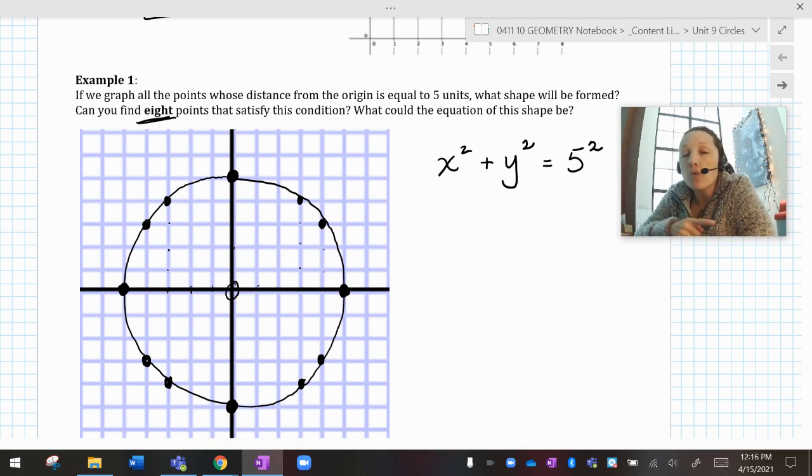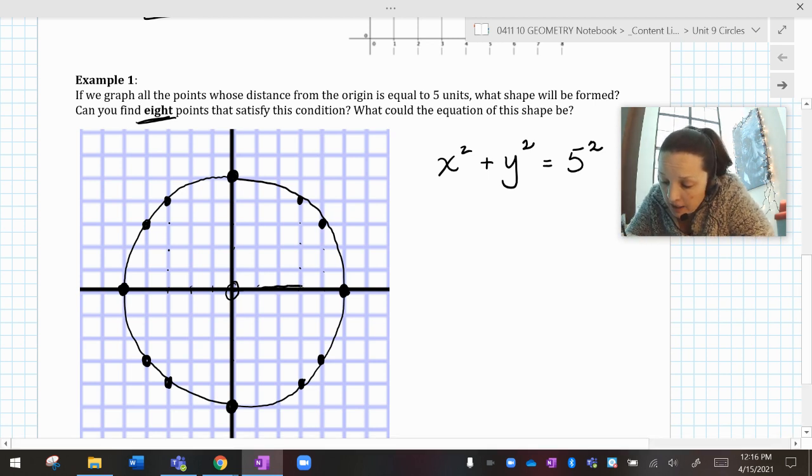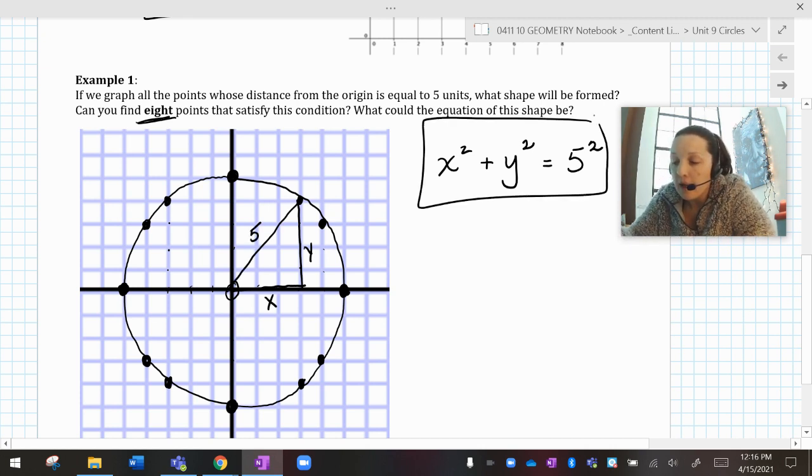So I want to go left or right an amount of x, up or down an amount of y, and then a squared plus b squared equals c squared. And I get a circle. And that, my friends, is how you get the equation of a circle.